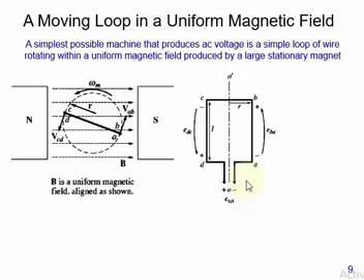The side AB has a velocity going somewhat upwards, and the side CD of the loop is going slightly downwards, and the loop is rotating in the counterclockwise direction, as can be seen from omega m, which is the rotational velocity of this ring.